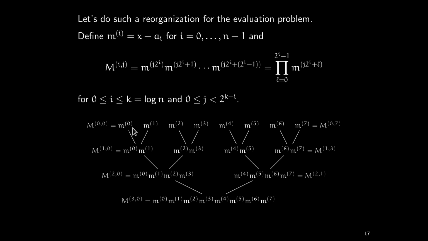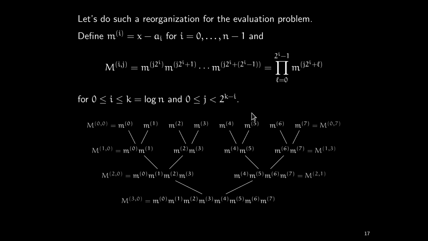So here you multiply the zeros and the first m to get this product of two m's. That's this capital M, and then these two to here, these two to here, these two to here, and this is the third m, starting from 0 going up to 3 makes 4 m's.